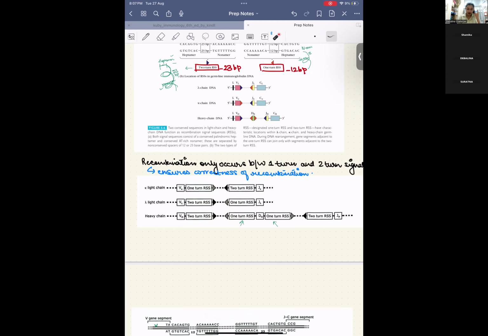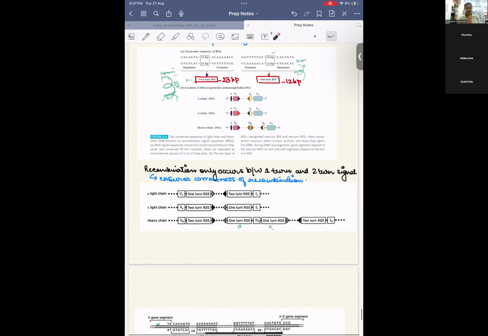So the presence of one-turn or two-turn RSS sequence is a way by which the cells ensure correct joining of gene segments, so that only a V segment joins to a J segment, and this V does not directly join to, say, the C segment in your light chains.